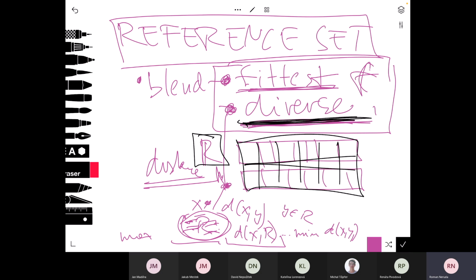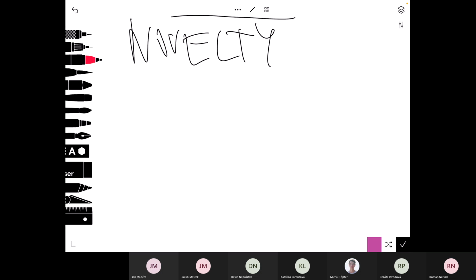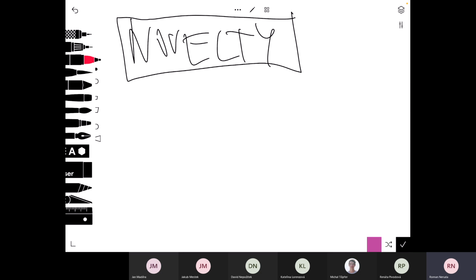So now the last part of today's talk is about the novelty search. It's a 2011 paper, an important paper in the Evolutionary Computation journal, by Lehman and Stanley.